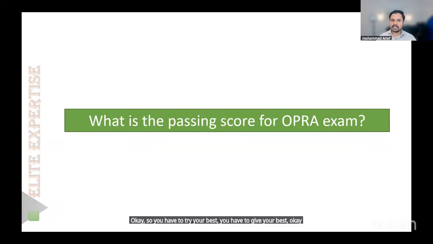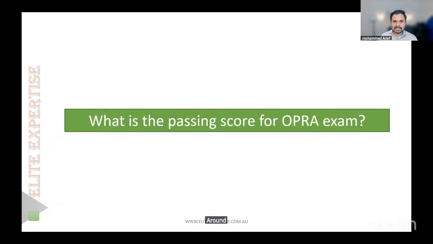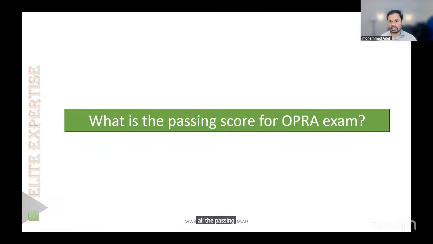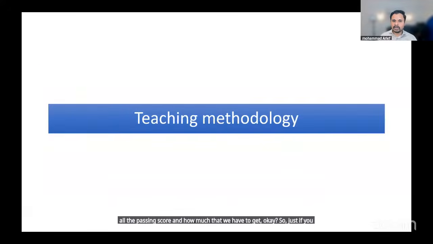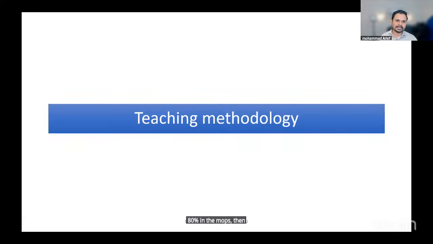If you can get around 70 to 80% in the mocks that we conduct, then you will crack this examination. So just get around 80% in the mocks, and you will easily crack it.